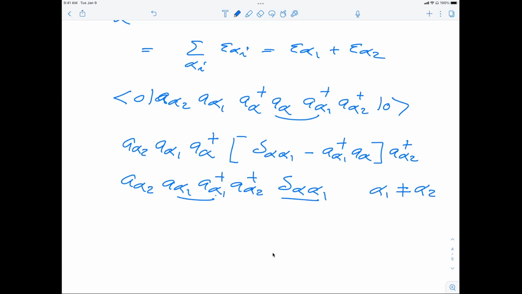But let's now just elaborate a little bit more. So we have a second term. So we have a minus, and then we have an a alpha 2, a alpha 1, a alpha dagger, and now I'm getting an a alpha 1, a alpha, and then I have an a alpha 2 dagger, like this. So that's the second term.